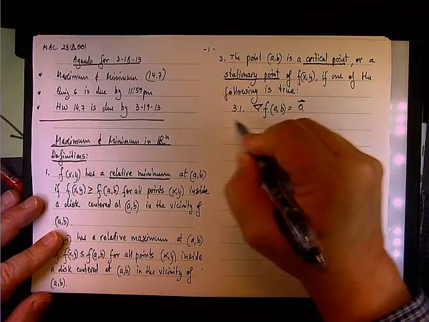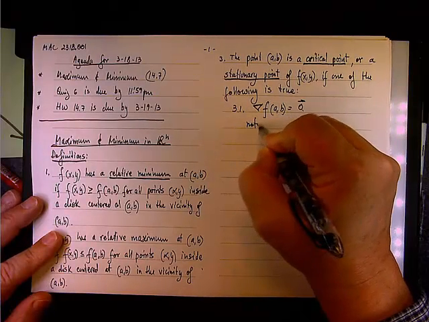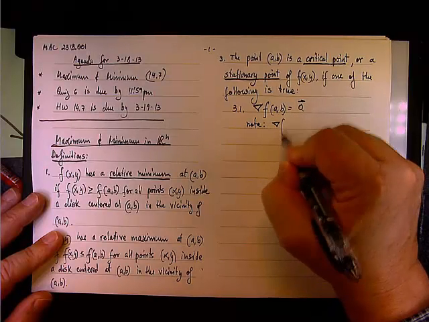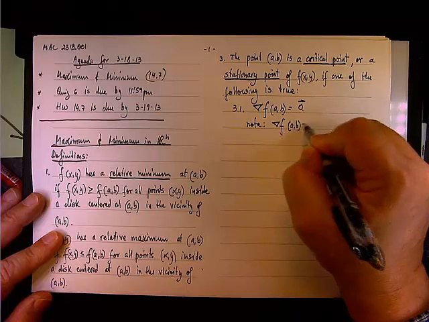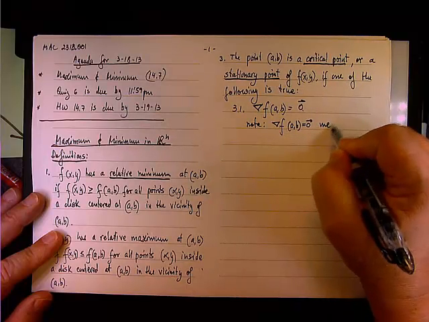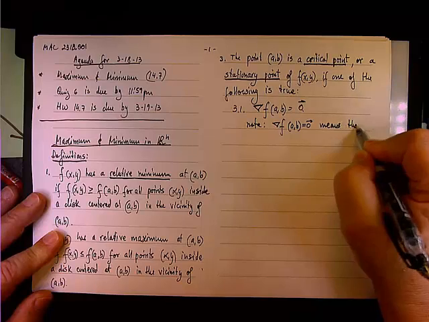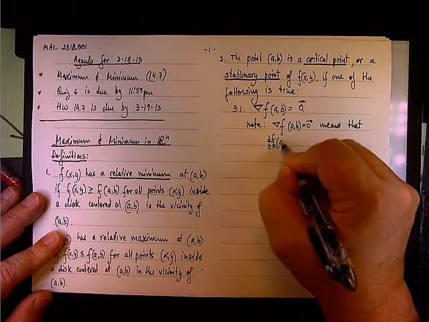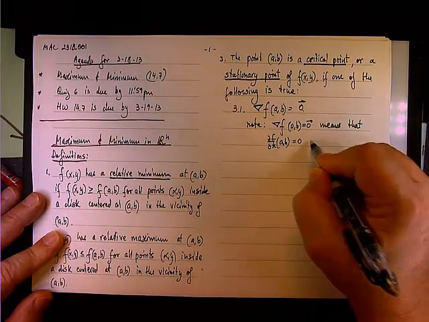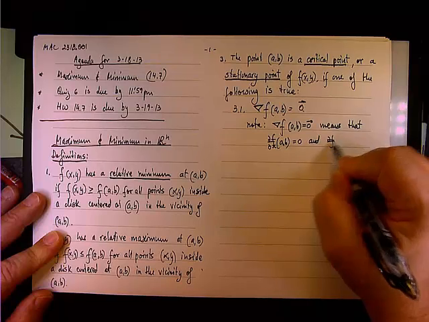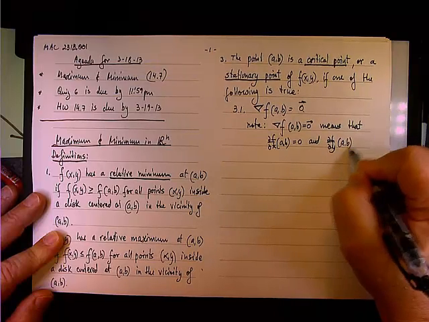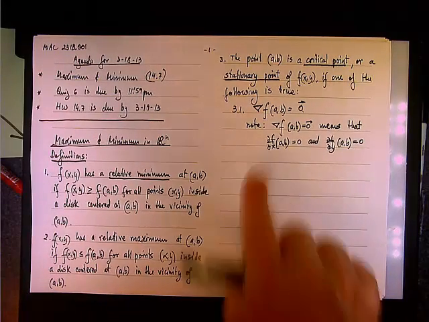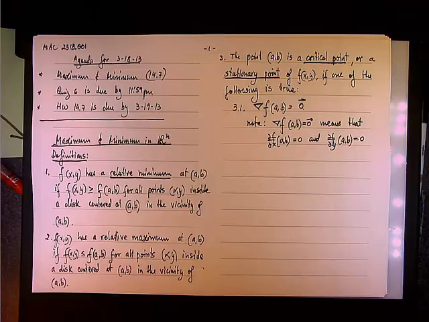In other words, this means that each component is zero. So we write here a note. Grad f at a, b equals 0 means that del f del x at a, b equals 0 and del f del y at a, b equals 0.